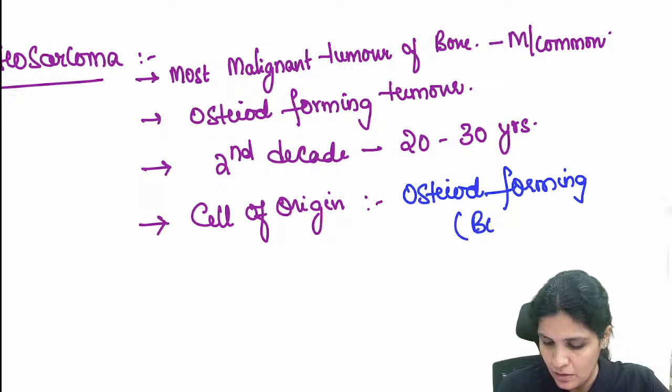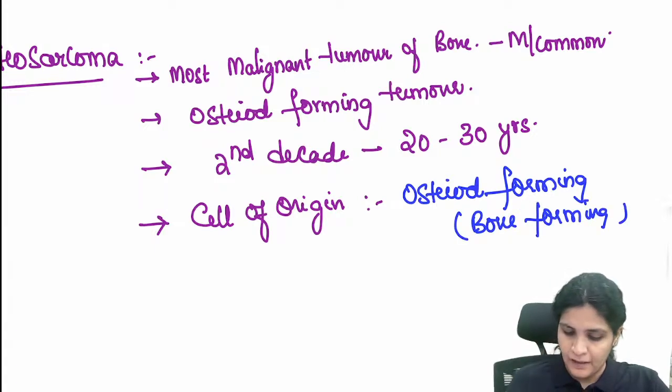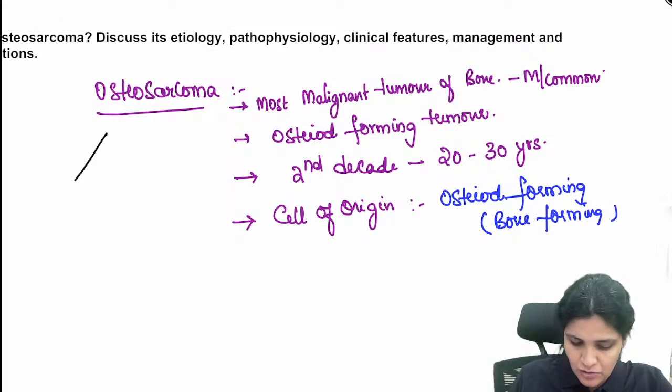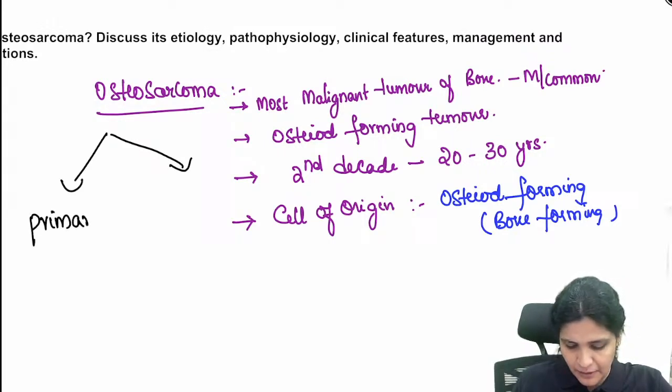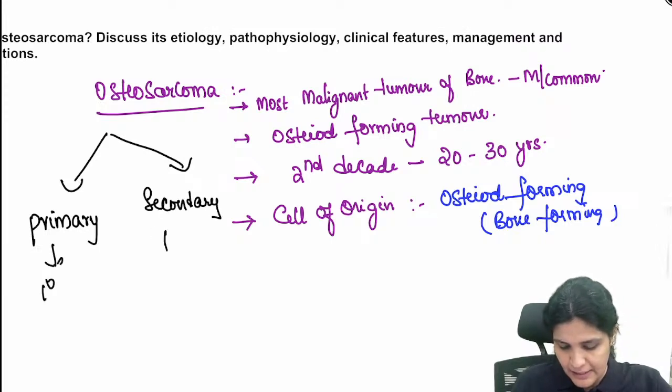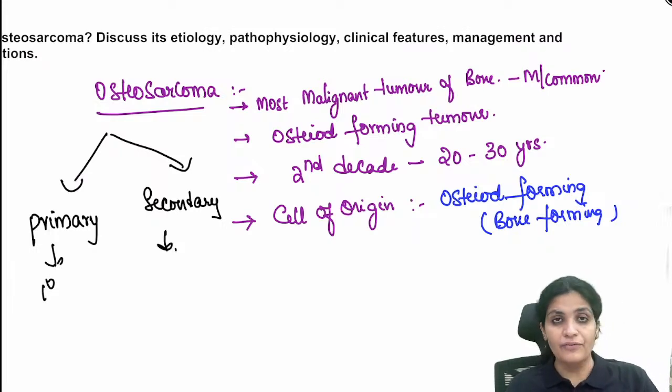So this osteosarcoma is of two types, which you have to remember. Primary is direct. Secondary is as a result of any other disease.